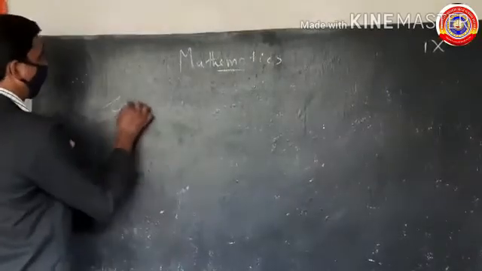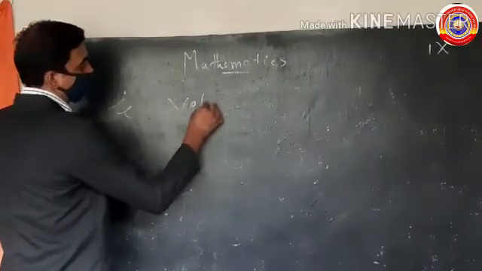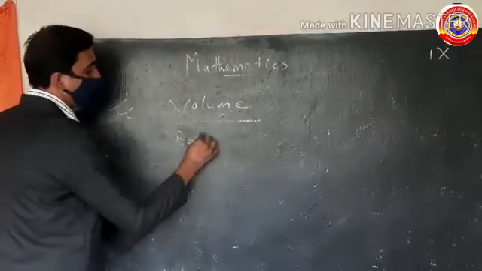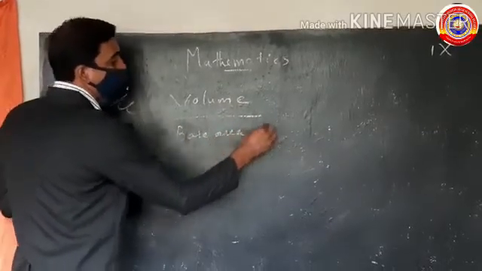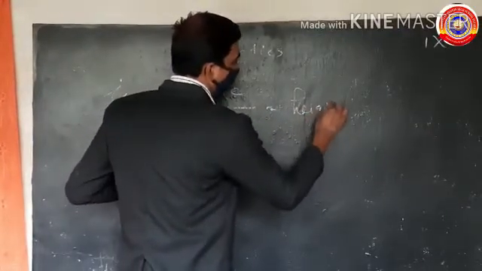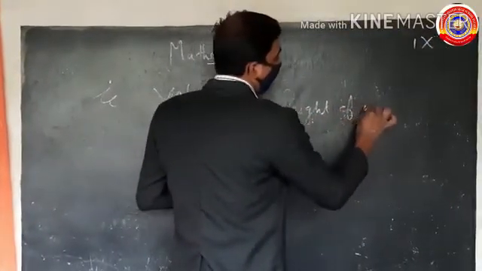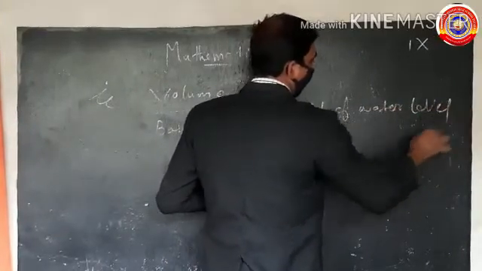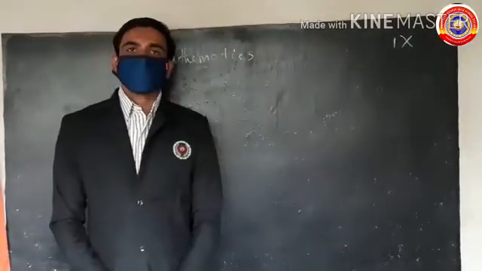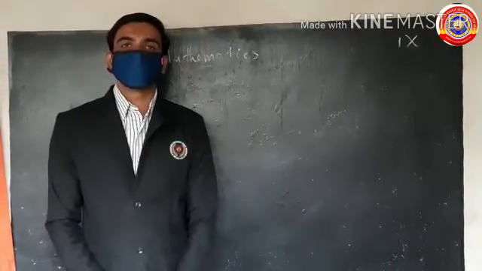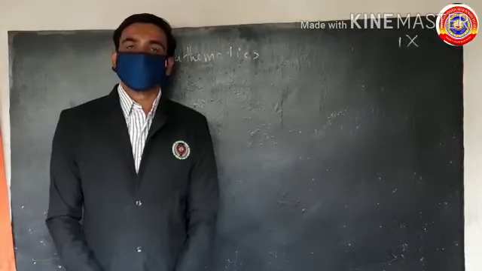That is, volume by base area is equal to height of water level. So, the volume of water falling in a region is proportional to the area of the region.